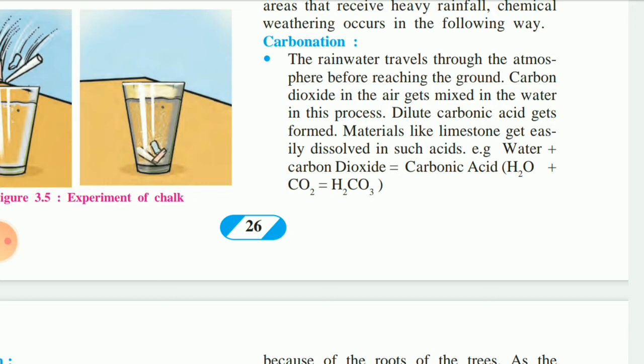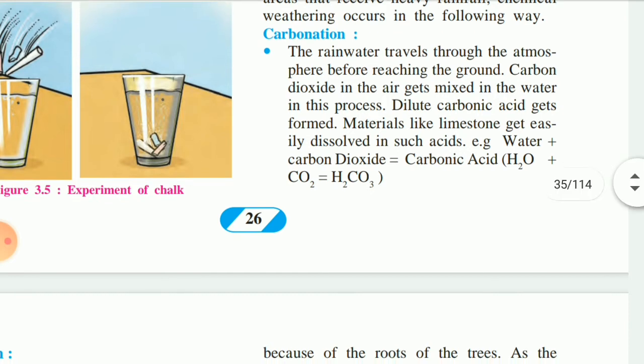Materials like limestone get easily dissolved in such acids. Chalk is made up of limestone, and therefore it gets easily dissolved.